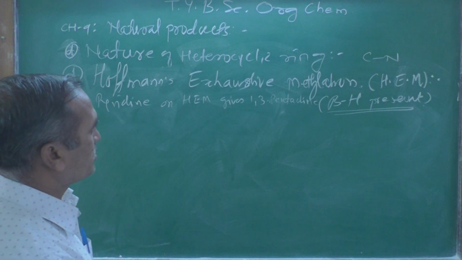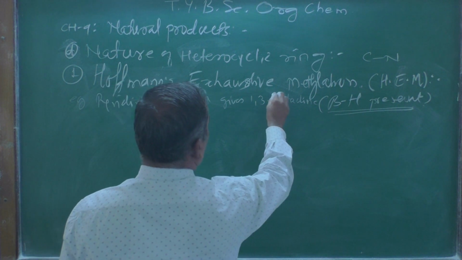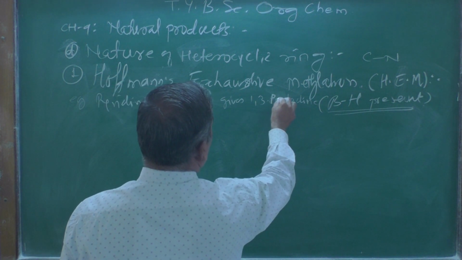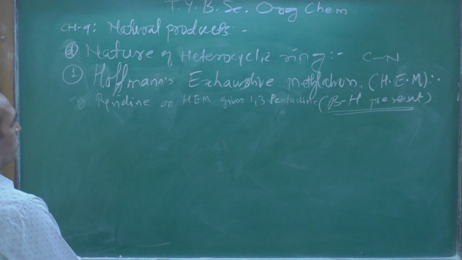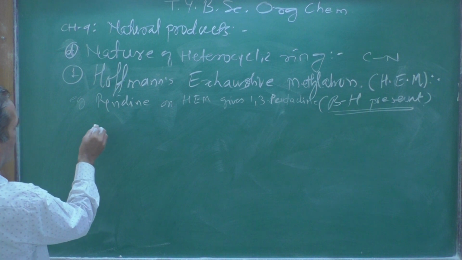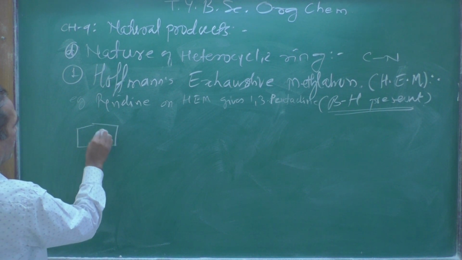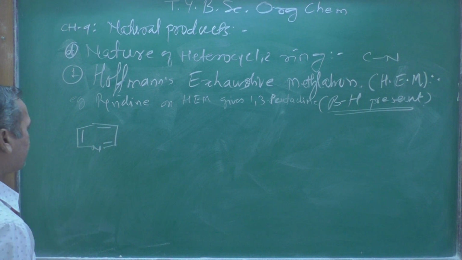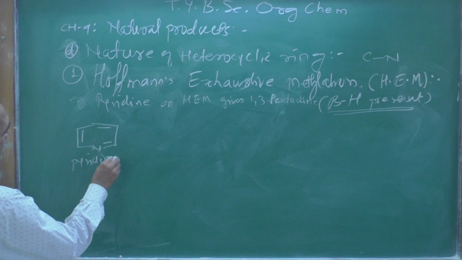So that is the product we are going to get here. Now let us see step by step. We are going to discuss this one. Pyridine, everybody knows the structure of pyridine, which is an aromatic base, right? This is the structure of pyridine.